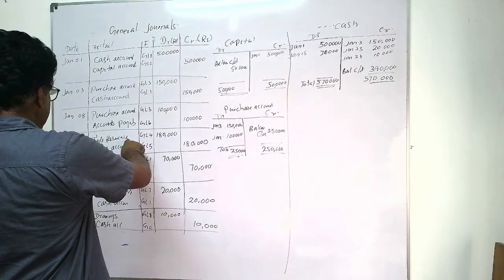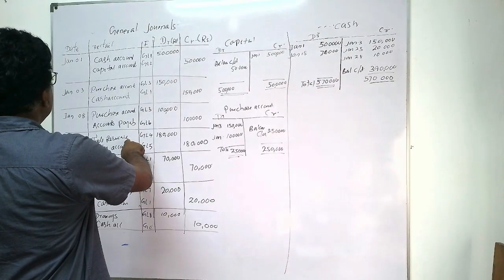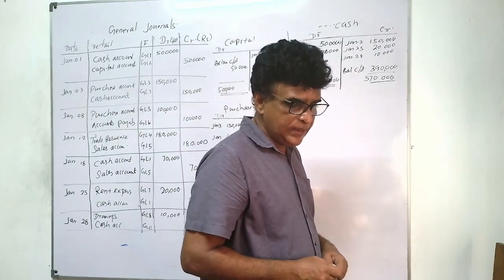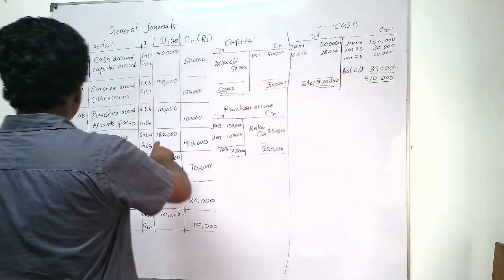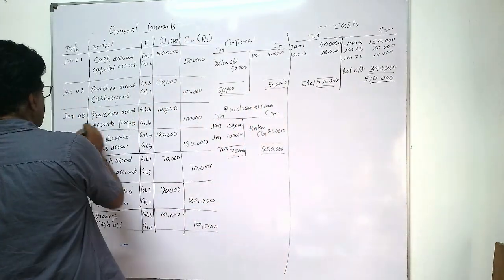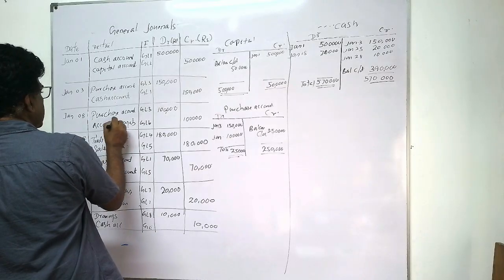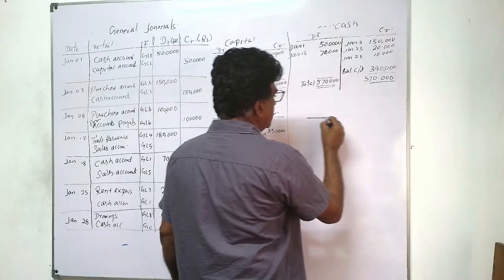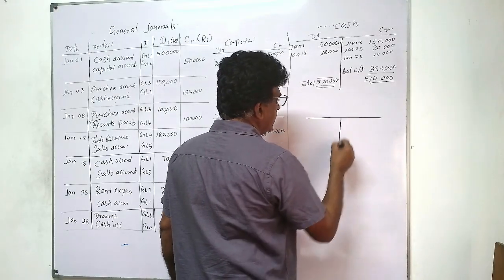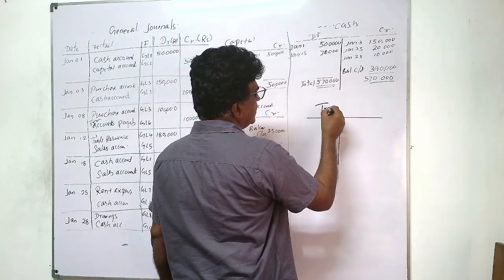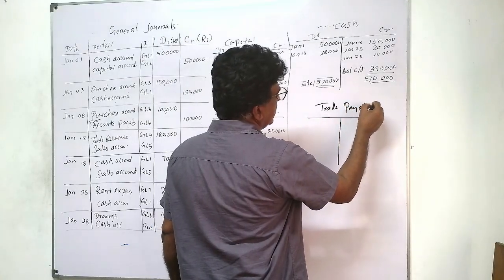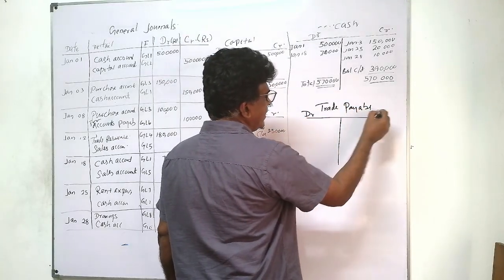Trade receivable, that is 180,000. And 100,000. This is trade payable account, accounts payable, debit side and credit side.